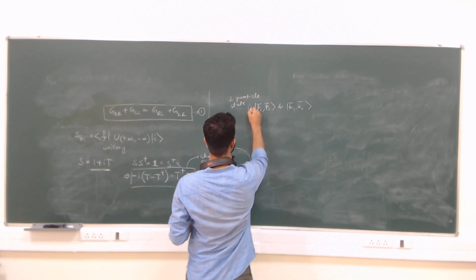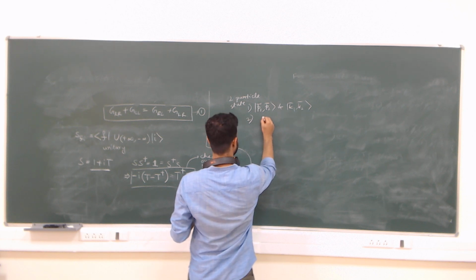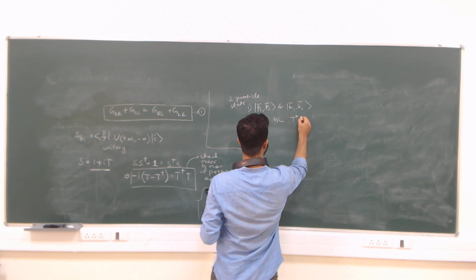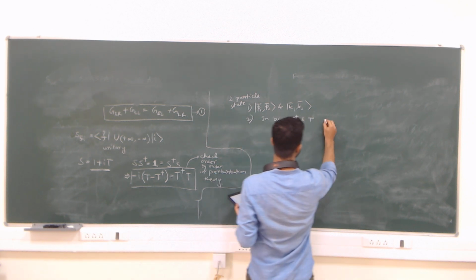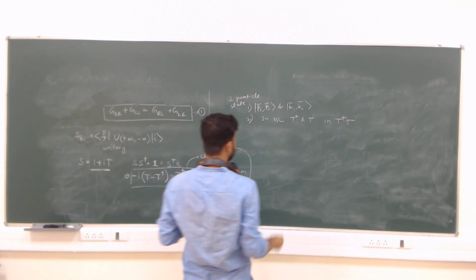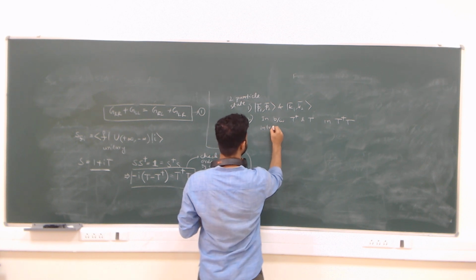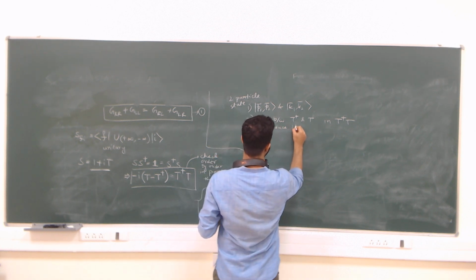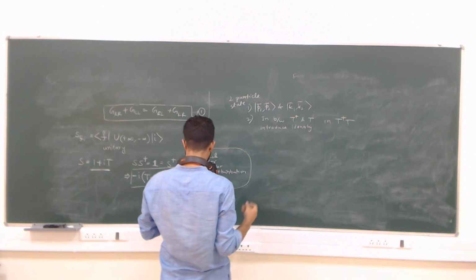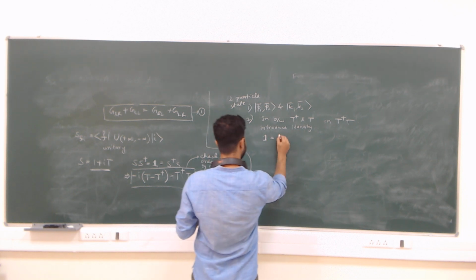So this is the first step. In between T dagger and T on the right hand side, we have to introduce an identity in terms of arbitrary many particle states, the completeness of the multi-particle states.